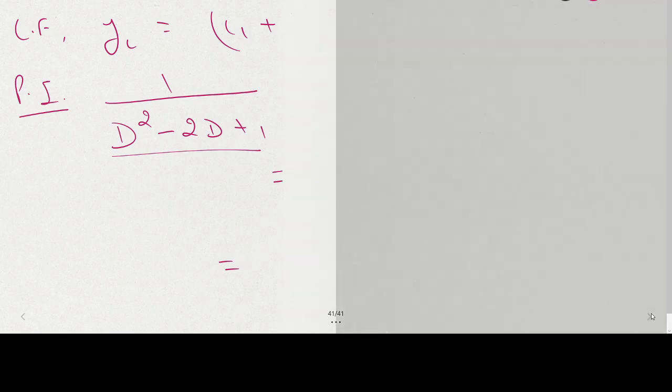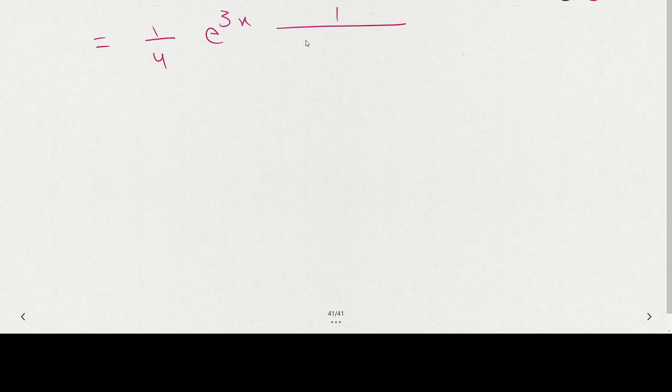Now we'll apply the short method that we have for x^m. In the last video we did that. So it will be 1/4 e^(3x) 1/(1 + D/2)² x².